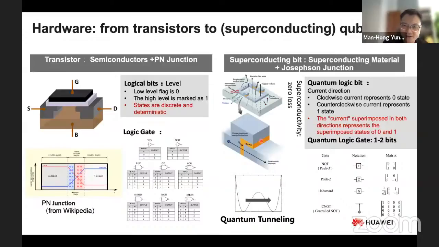So for such devices, you really have a superposition or tunneling from clockwise to anti-clockwise and back and forth. And at the end, the lowest energy is like a superposition, which means that you have both clockwise electrons and anti-clockwise electrons at the same time. And this is basically the idea of quantum superposition.